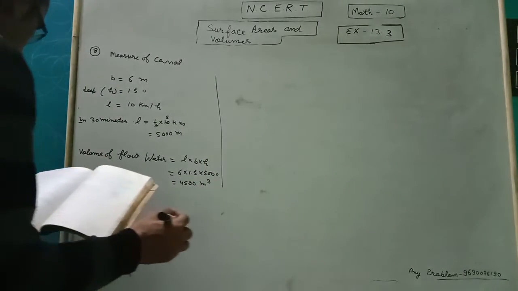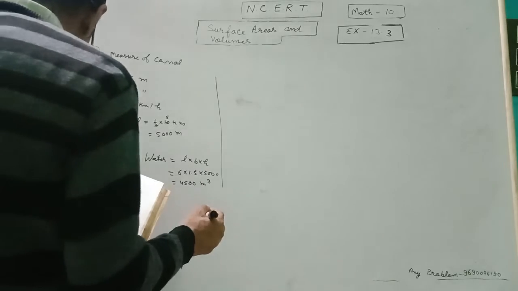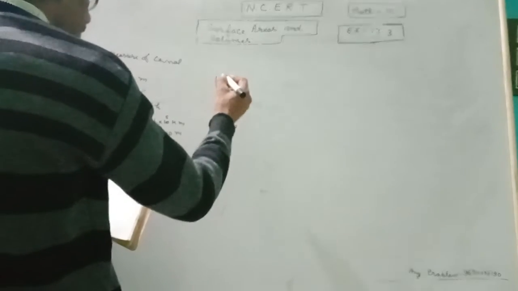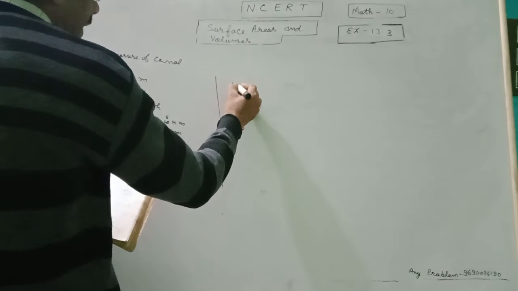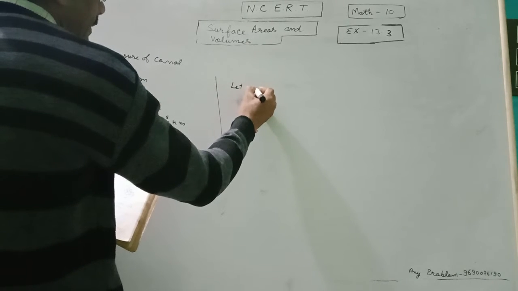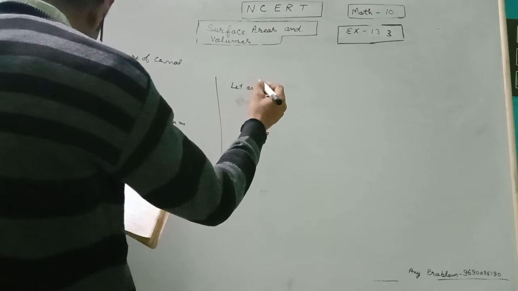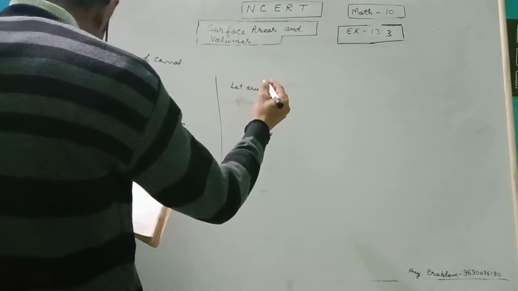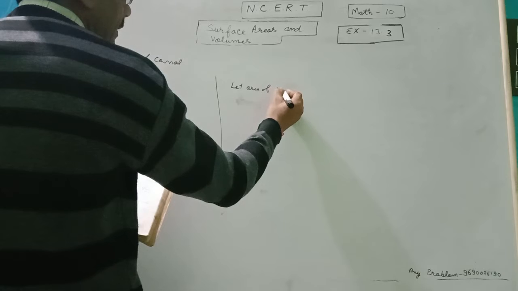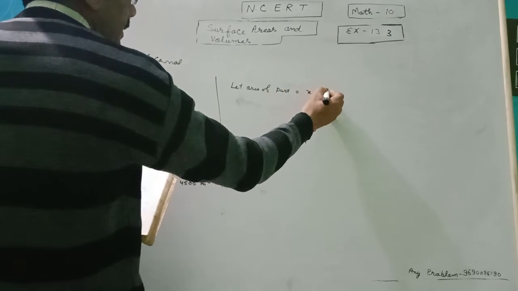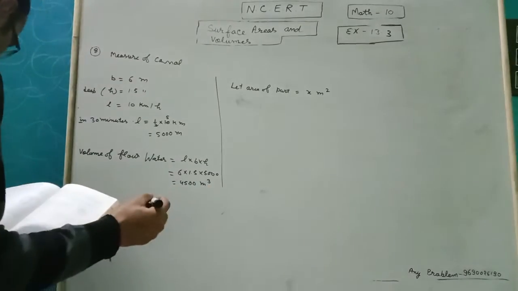This water can irrigate, let the area of part is equal to x meter square.